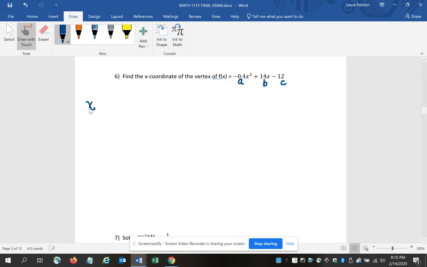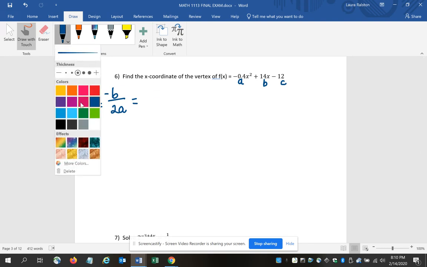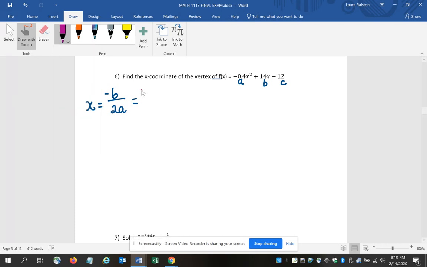And there's a formula to find the vertex, and you only want the x coordinate of the vertex, and the formula is the opposite of b over 2a for the x. And so it's basically a plug and chug if I know that particular formula. Okay, so I want the opposite of 14 divided by 2 times negative 4/10.